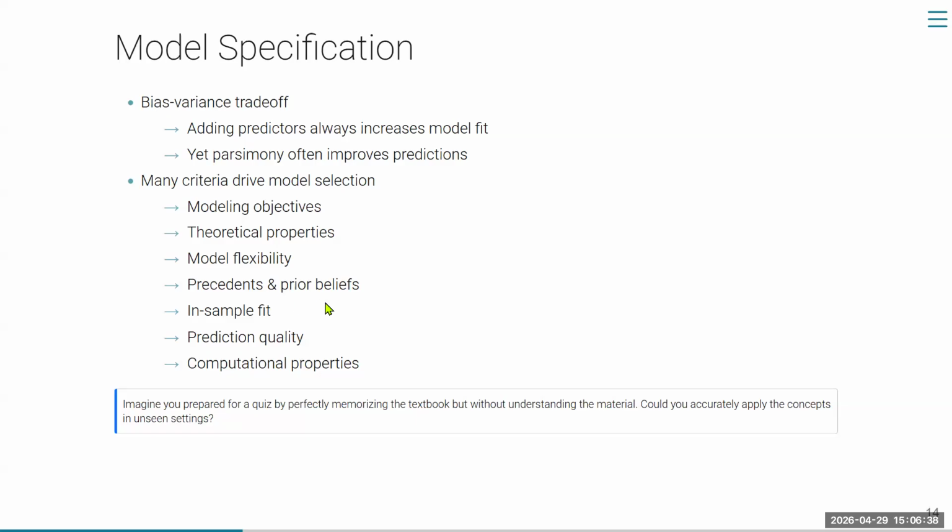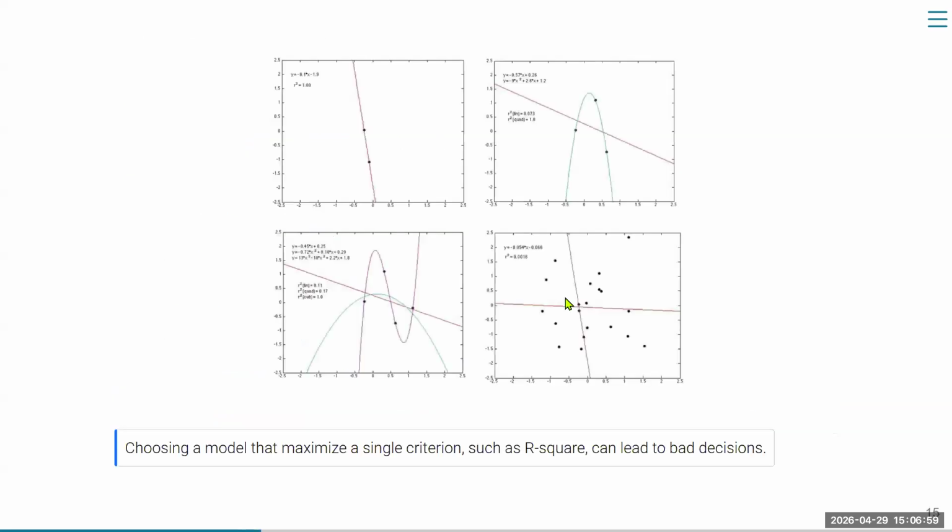You probably have some prior modeling experience, or we may have access to people who do, or we can read papers by people who have made similar choices. And we should take all of that into account because we may learn something that helps us model better. And the computational properties of the model as well.